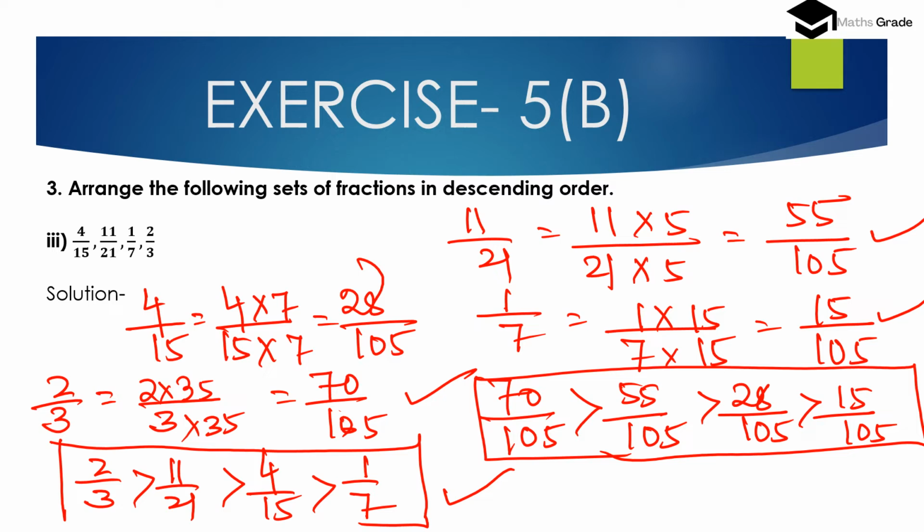Now this is the arrangement of the set of fractions in descending order, that is 2 divided by 3, then 11 divided by 21, then 4 divided by 15, then 1 divided by 7. Here 2 divided by 3 is the largest fraction and 1 divided by 7 is the smallest fraction.